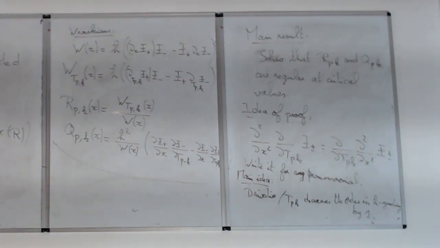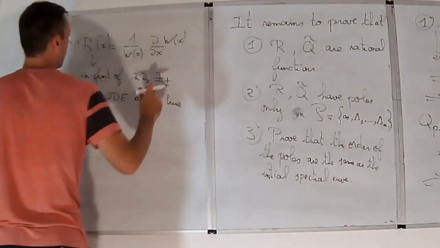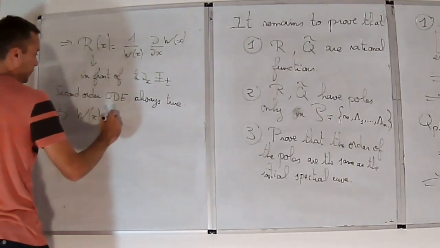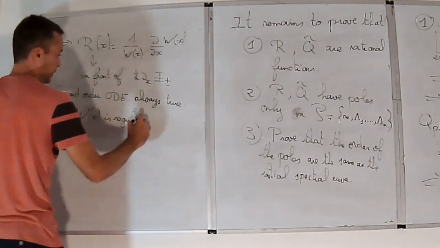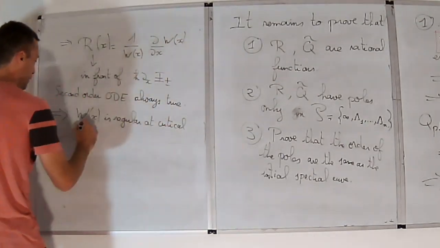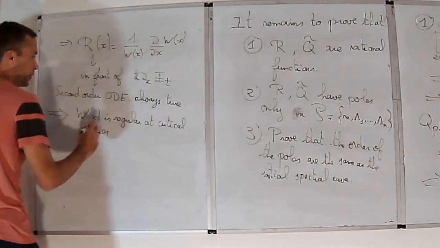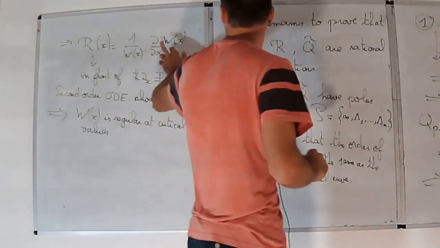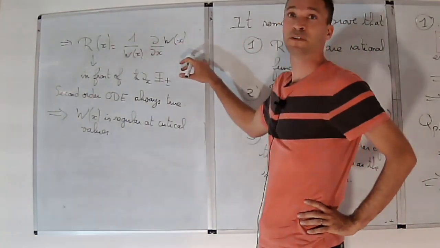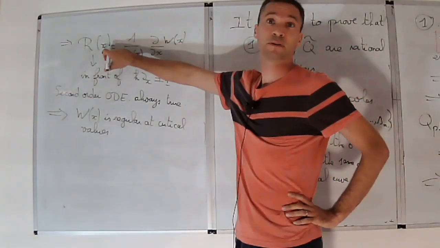And with this one, you get that the Wronskian in X is regular at the critical values, because by contradiction, if there was a singularity, this would create a singularity for this one.